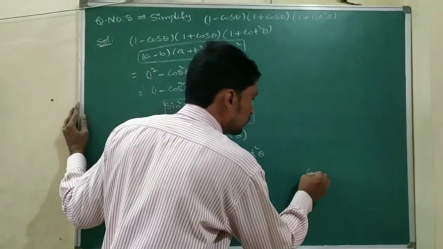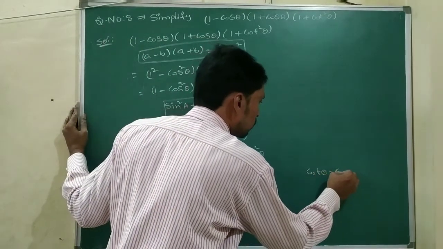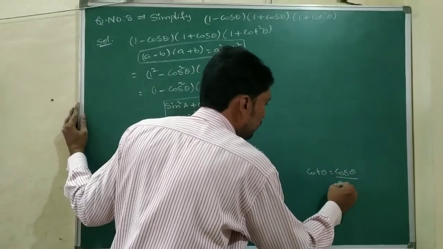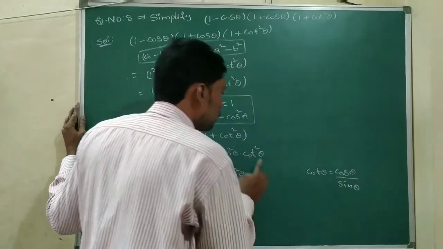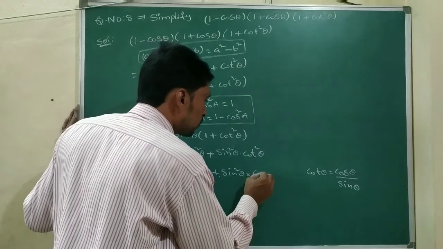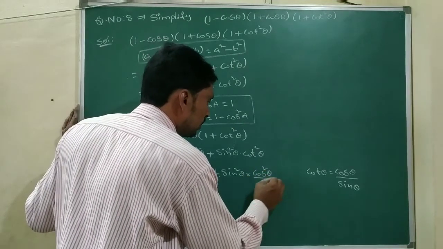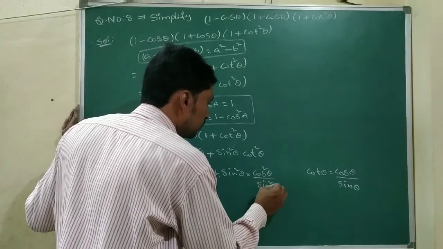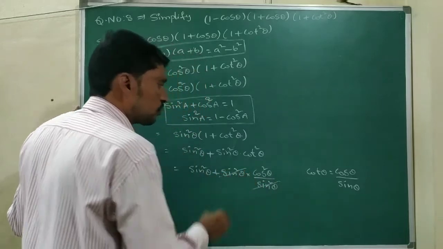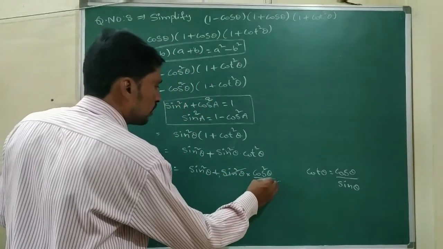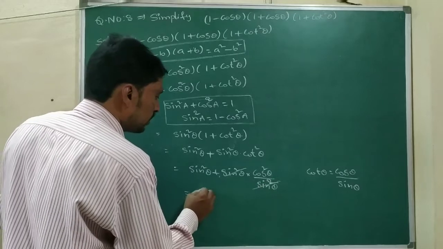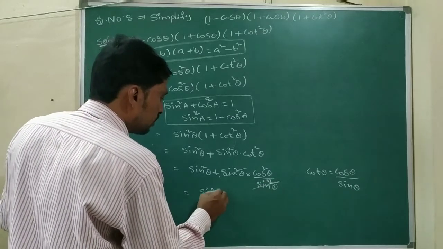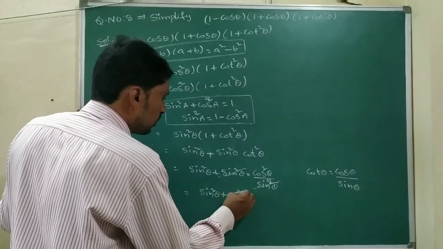What is cot? Cot theta equal cos theta by sin theta. So here square is there, we can take square, means cos square theta by sin square theta. So sin square theta gets cancelled. After we cancel, what is left here? Sin square theta plus cos square theta only is left.